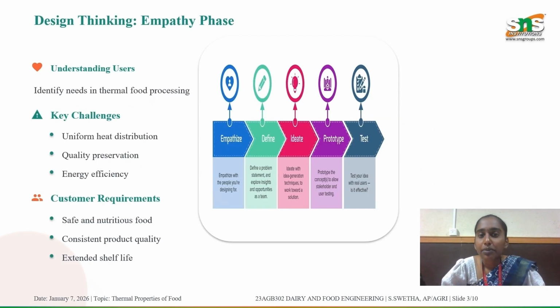So what is the empathy phase? In empathy, we have to understand the needs of our users. In thermal food processing, we are going to see how to identify the users' needs.